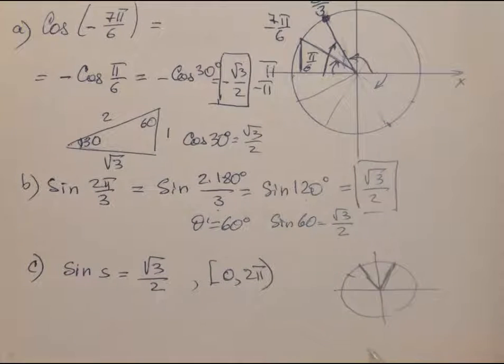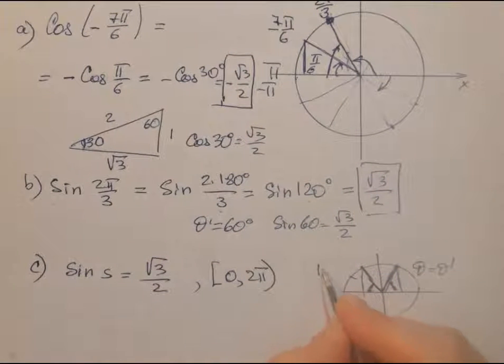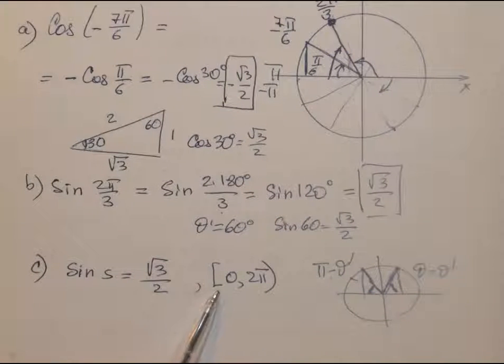Both angles have the same reference angle. One of them will be just equal to the reference angle, and the second angle will be 180, or pi, minus the reference angle. If we need to find the values on the interval from 0 to 2 pi, then we use radians for all measures.